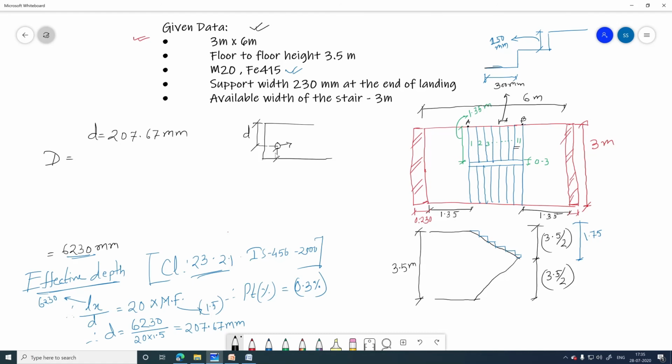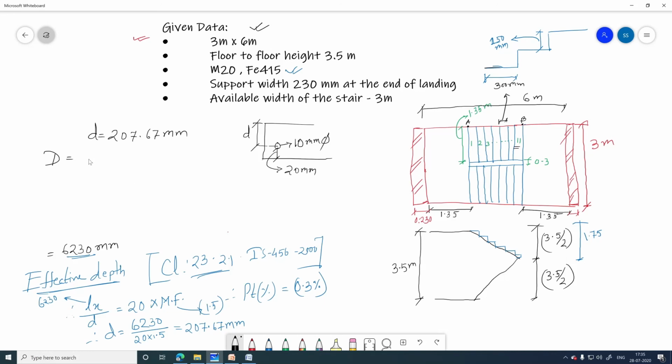So we consider the dia is 10 mm, okay, and the clear cover is 20 mm for the mild condition. If this is not given, you can consider the code, definitely the exposure condition will be given then, okay.